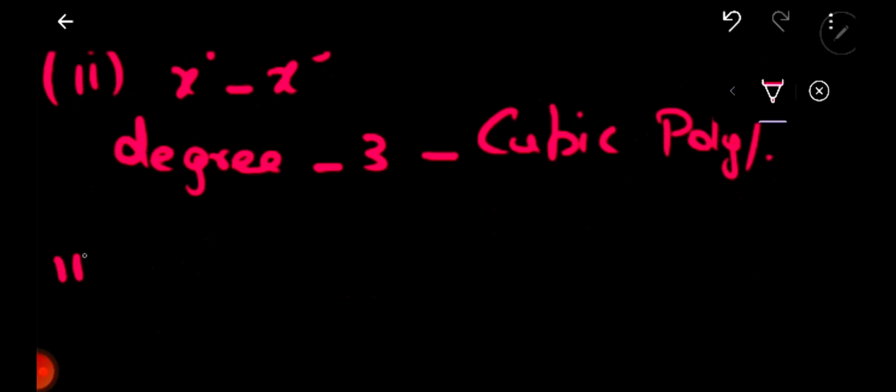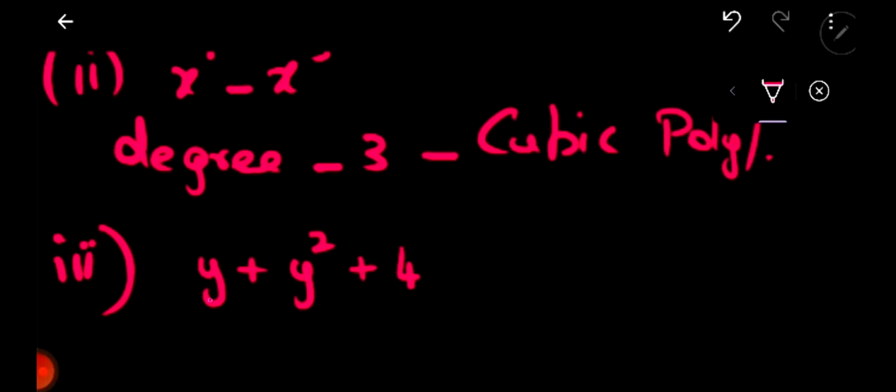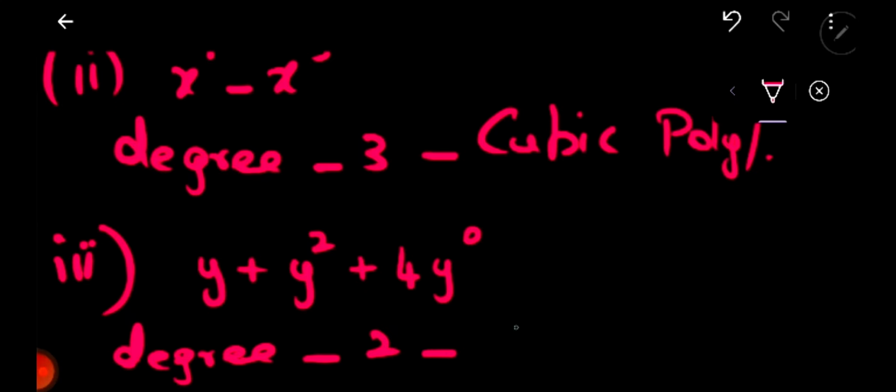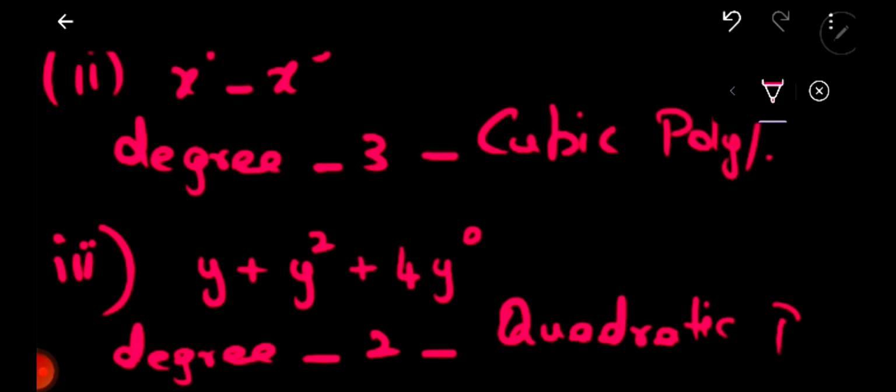And the third one, y plus y squared plus 4. Here the power of y is 1, and the power of y is 2. Here the power of y is 0. So the powers are 1, 2, 0. So 2 is the greatest one. So the degree of this polynomial is 2. That's why it is a quadratic polynomial.